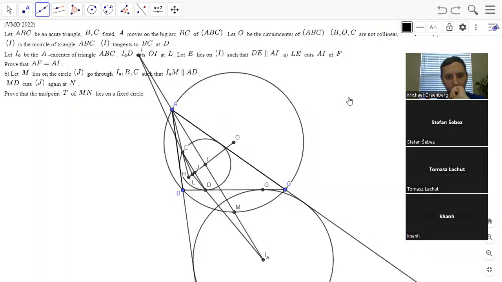So maybe we want to show that AI over IM is equal to EJ over JD. Okay. So yeah, AI over IM. Well, AI over I I_A, we know is like the ratio of the inradius and the exradius, but let's see, EJ over JD.